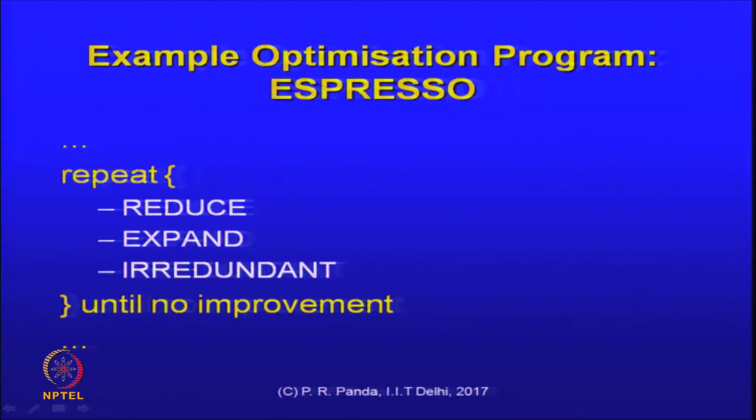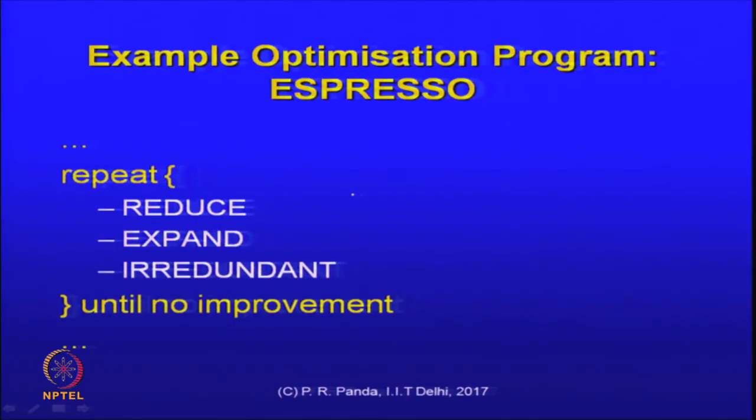Yes, but the overall algorithm is not too complex. You can think of a lot of variations. Espresso is an example of an early logic optimization tool, where you are essentially doing the following: reduce, expand and irredundant in a loop until there is no further improvement. Why do you expect that loop to help?